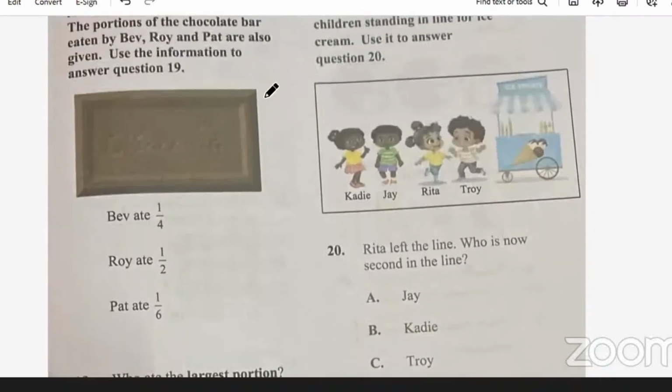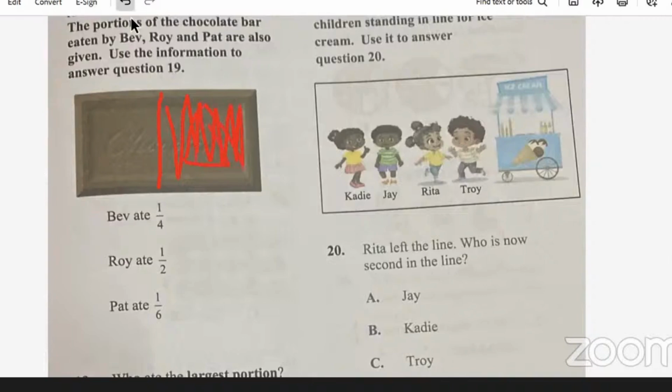So if Bev ate a quarter, it would be that we had divided the cake into 4, and Bev got 1 piece. Bev got this piece, just this piece. So think about that, and let me do the other one. All right, so that's Bev. Now it says Roy ate half, so we would have divided it into 2, and Roy would have eaten all of this part.